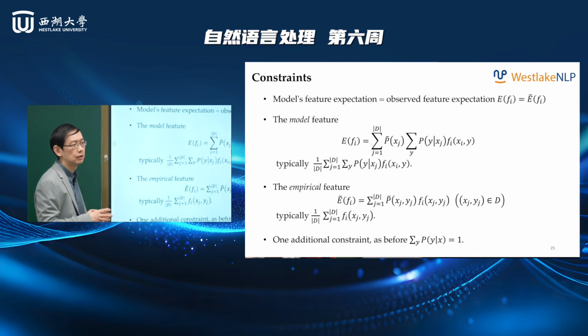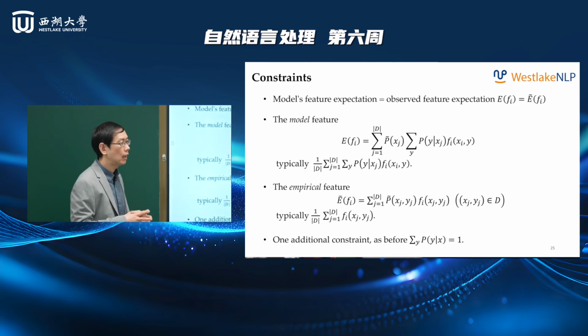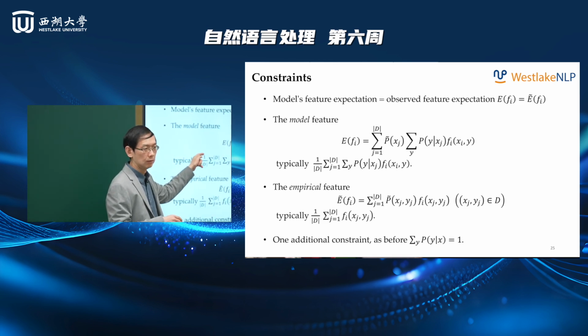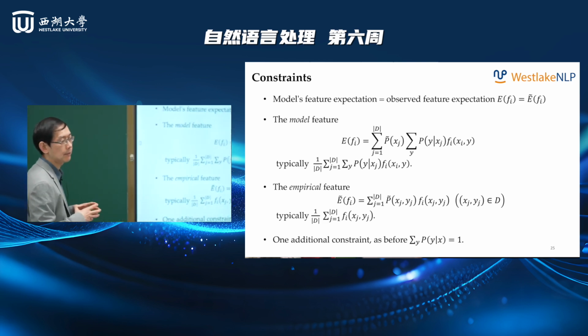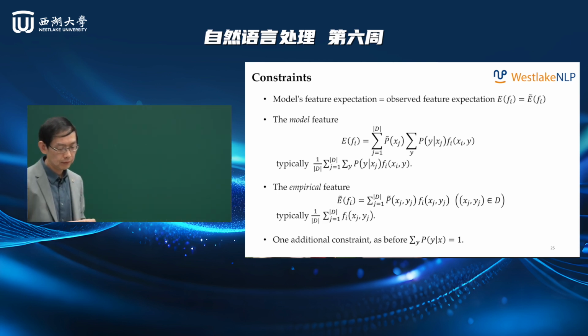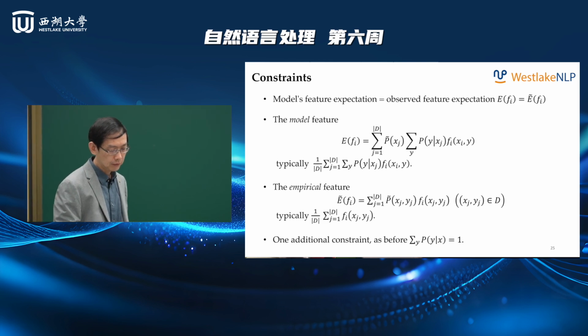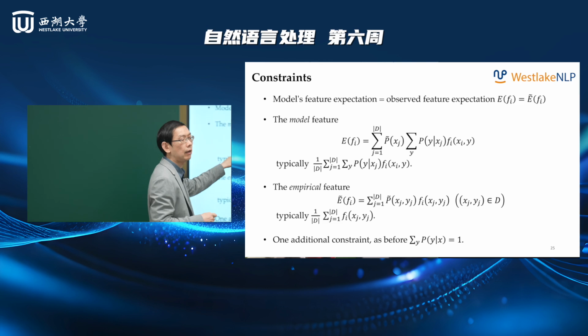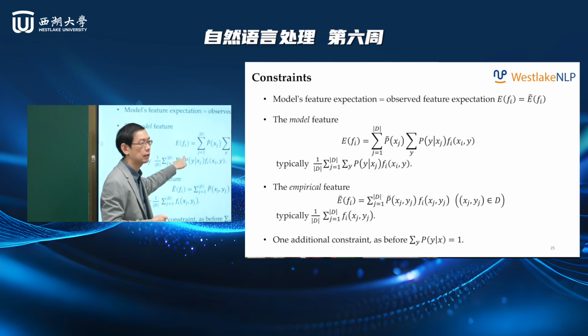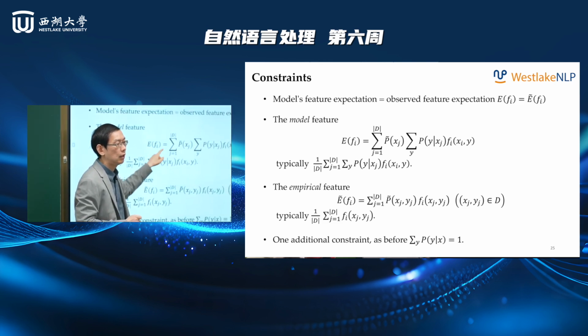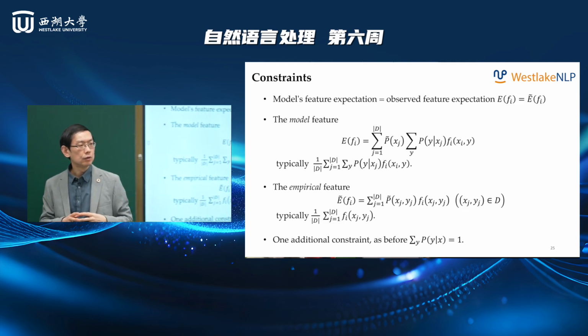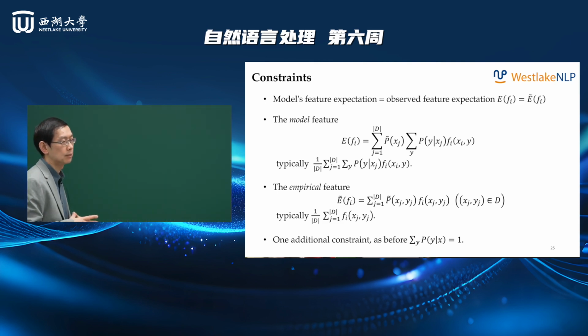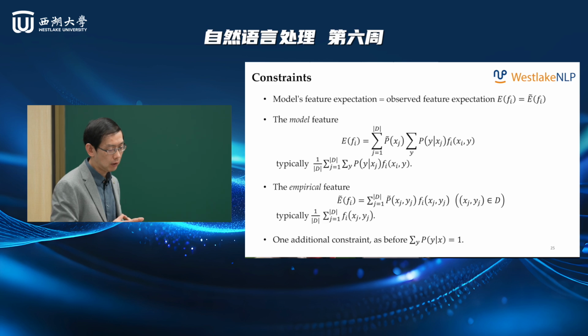So this is understandable. Then I'm saying you can use the model also to calculate the expectation of the feature. So how do I do it? I can go over the training instance again, and I use the probability of the training instance, p(x), which is 1 over d.